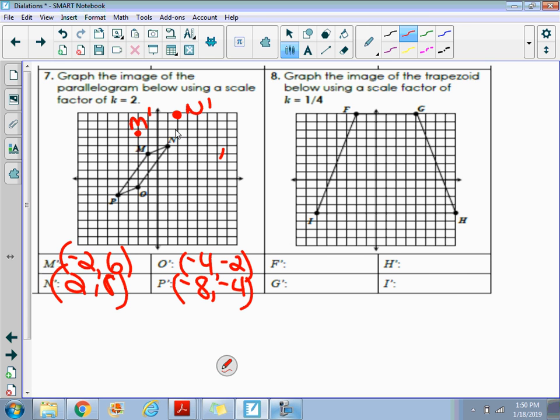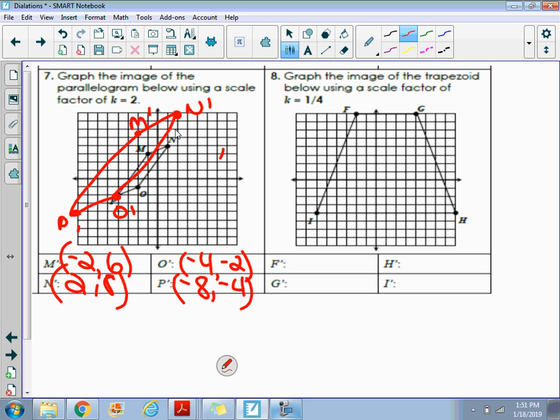That's your N. 1, 2, 3, 4, 1, 2. That's your O. And 8, 1, 2, 3, 4. That's your P. So that's how you do those types of problems. Does that make sense? Cool.